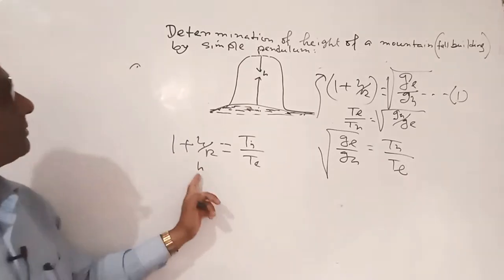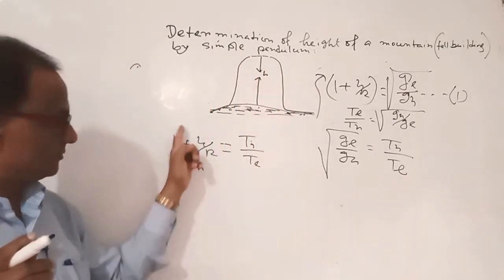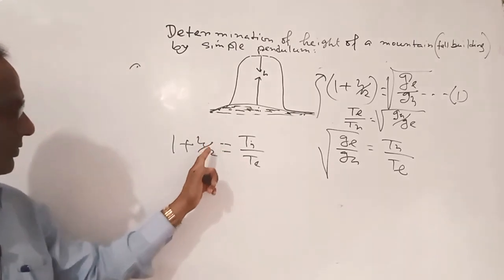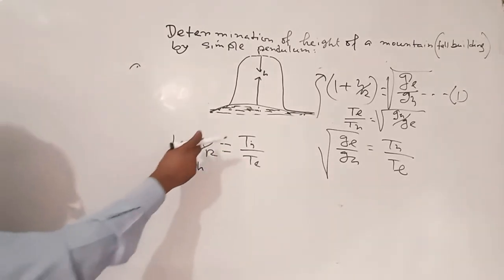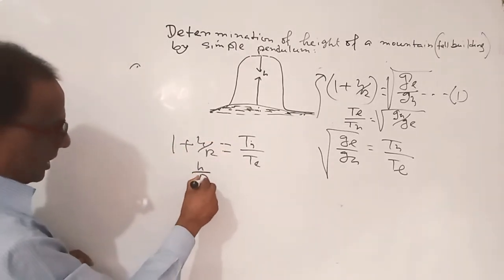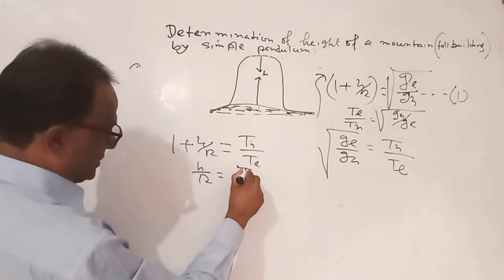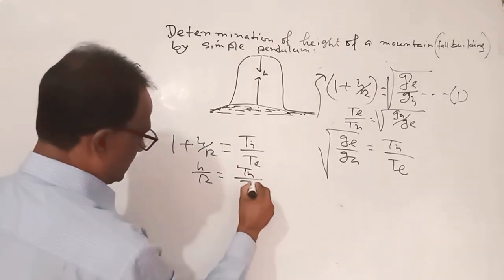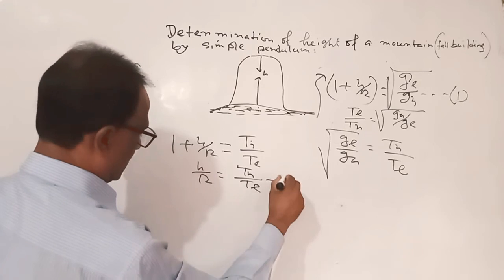We like to calculate only the h. So within this term we have the h. So h by R equal to Th by Te minus 1.